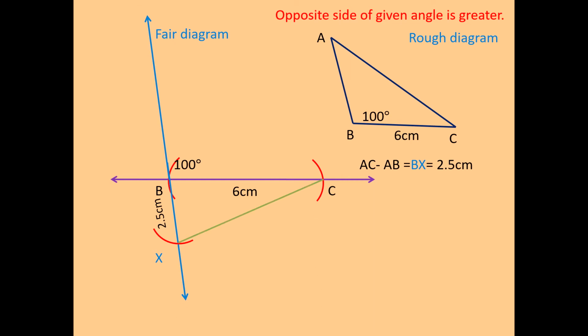We have got the green segment joining points X and C, and I need to draw the perpendicular bisector of segment XC.